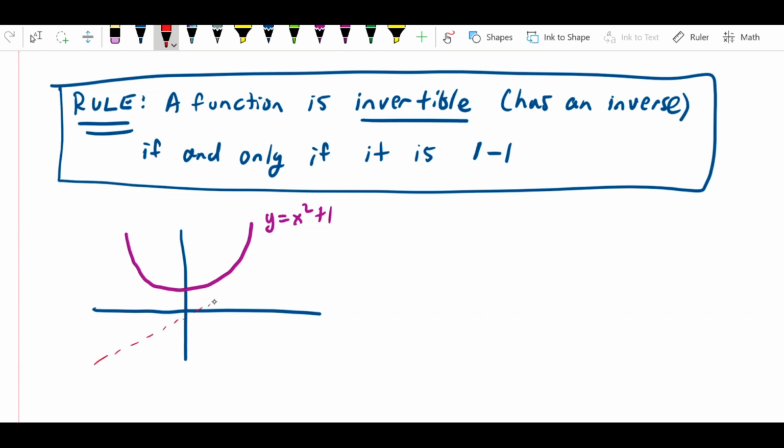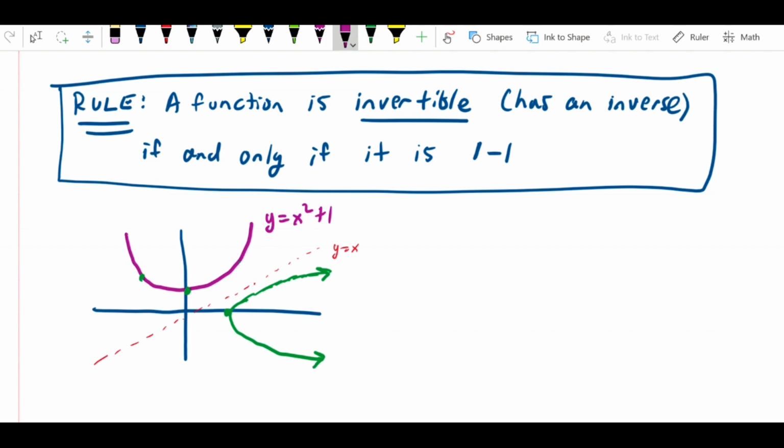Well, if the inverse is supposed to be the mirror image reflected over the line y equals x, just put in that y equals x, then what I should have is its mirror image. If I take this point here and reflect it like that, I take this point here and reflect it like that, you can try to convince yourself that this is what's going to happen by drawing it yourself. Basically, the mirror image is going to be this green parabola here.